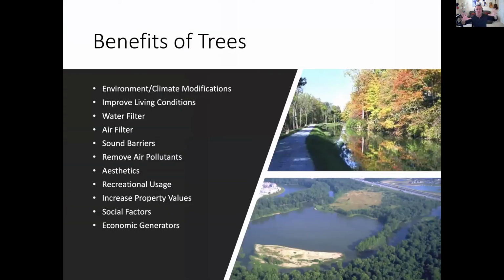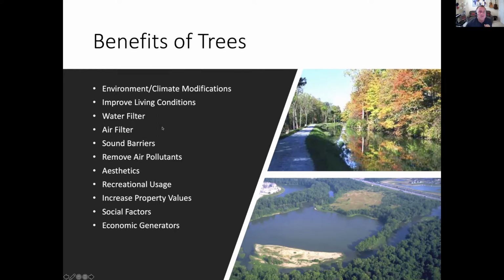This is our goal. We want to improve the benefits of trees and the functional role that they provide in the landscape. We have all heard and seen many of these things that trees provide. They're the perfect biological machine that will help improve our environment and our living conditions and quality of life.